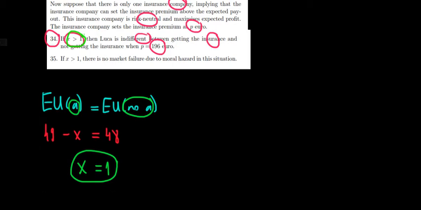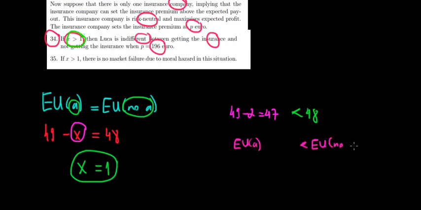Now if X is greater than 1, let's say X is 2, for instance, what would happen over here? 49 minus 2 would be equal to 47, and that is less than 48. What we can see is that the expected utility of using the alarm in this case would be less than the expected utility of not using the alarm.